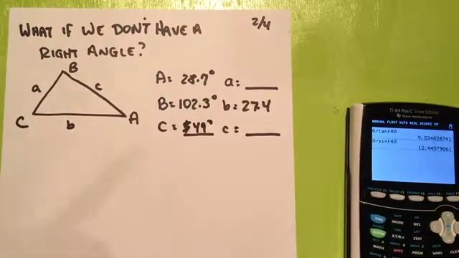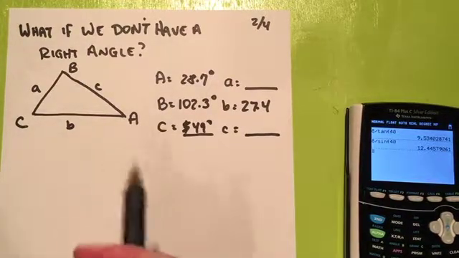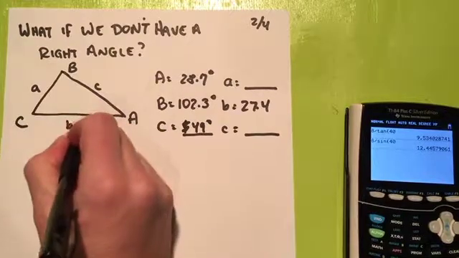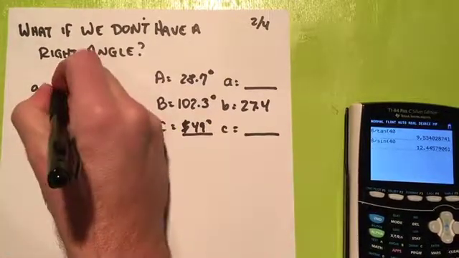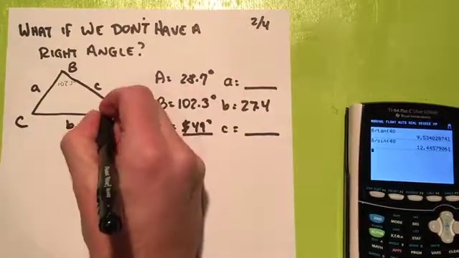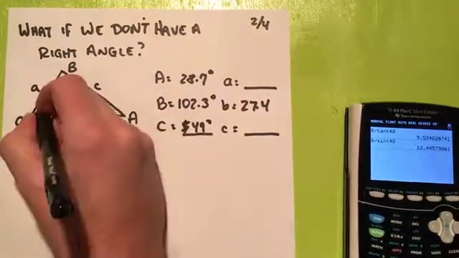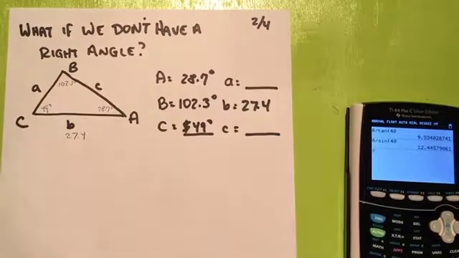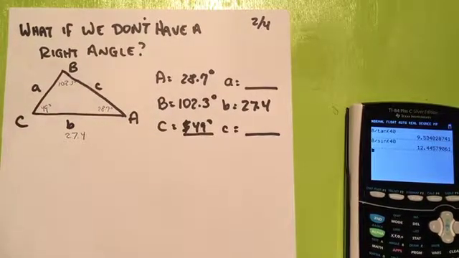Because we've got 180 degrees in a triangle. We do not have a right triangle here. Now, listing the sides, I'm just going to write everything in. We've got 27.4. I've got 102.3 degrees, 28.7 degrees, and 49 degrees. Uh-oh.